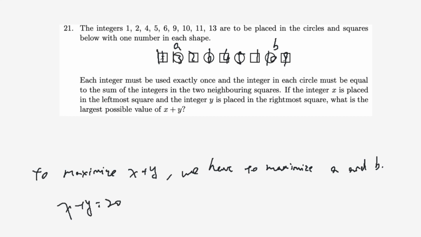A possible solution that can maximize x plus y is 11, 13, 2, 6, 4, 5, 1, 10, and 9 from left to right. So the maximized value of x plus y is 11 plus 9, which is 20.